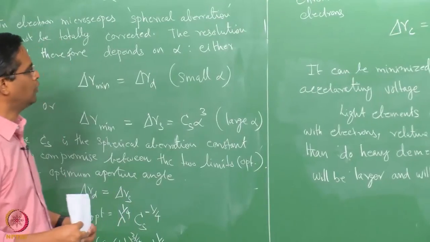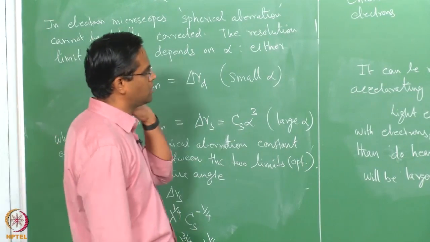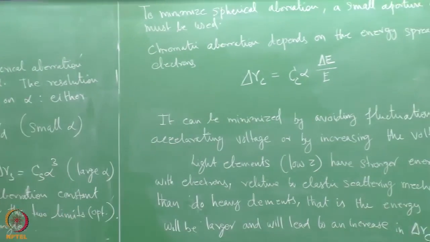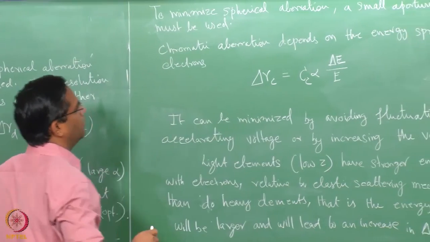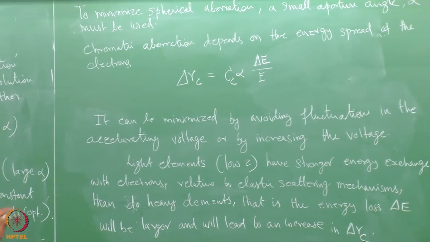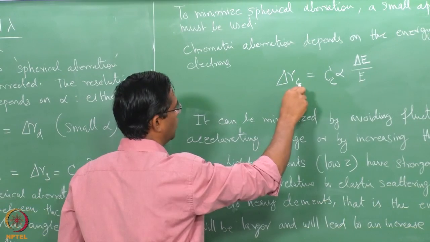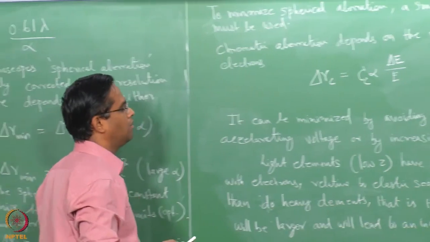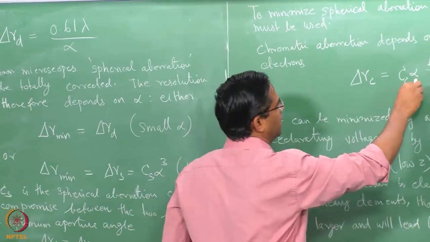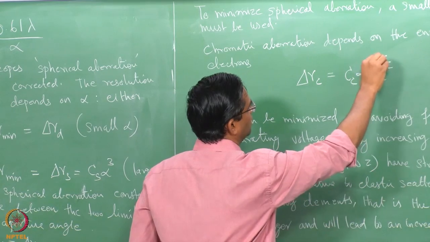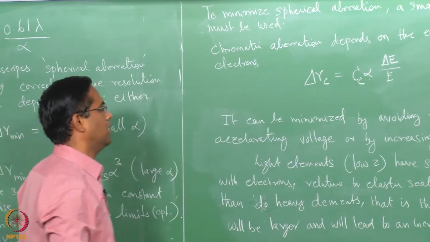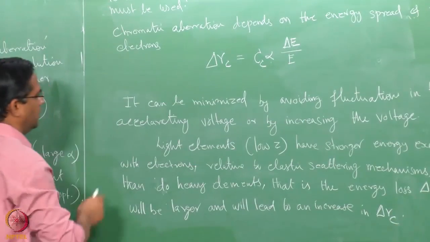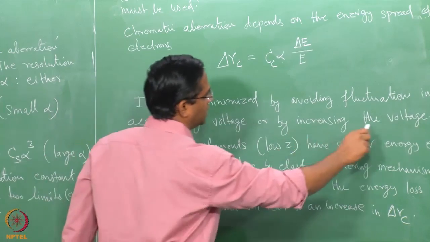So, to answer the later part of the question, to minimize the spherical aberration, a small aperture angle alpha must be used. And for the chromatic aberration, which depends upon the energy spread of the electrons, delta R chromatic is equal to Cc, the chromatic aberration constant, times the semi aperture angle into the energy spread delta E by E. It can be minimized by avoiding fluctuation in the accelerating voltage or by increasing the voltage.